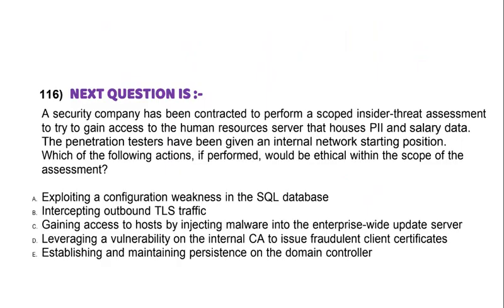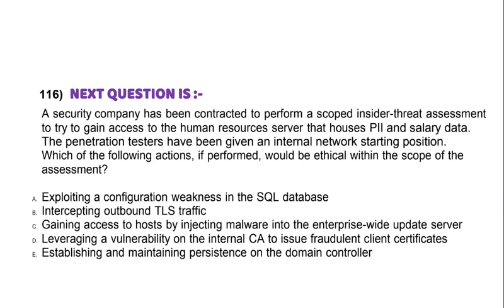Our question is, a security company has been contracted to perform a scoped insider threat assessment to try to gain access to the human resources server that houses PII and salary data. The penetration testers have been given an internal network starting position. Which of the following actions, if performed, would be ethical within the scope of the assessment? Option A, exploiting a configuration weakness in the SQL database.